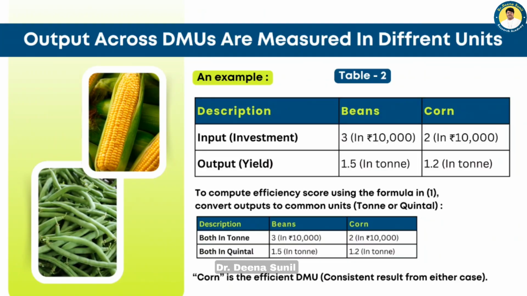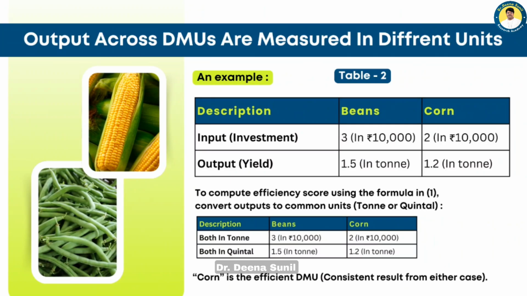But compared to the input here, 3 units, the type is currency, unit is 10,000, and input for corn is type currency, and the unit is 10,000, that is corn 2 units, per unit is 10,000. Earlier I had explained this clearly.